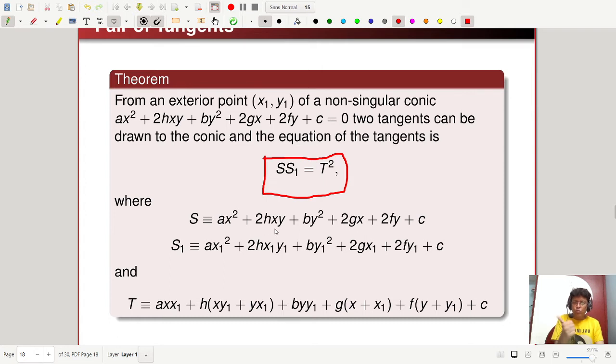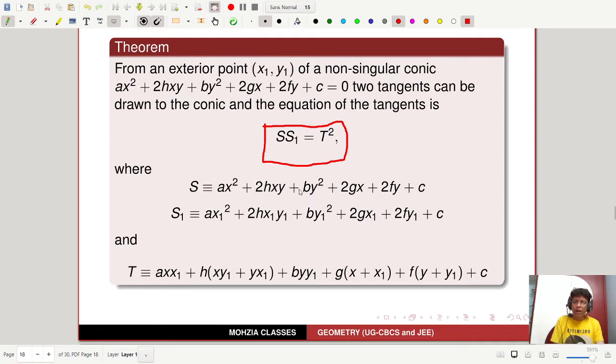Ax squared plus 2hxy plus by squared plus 2gx plus 2fy plus c. And S1 is what you get if you substitute the point x1, y1 in the conic, and T is the tangent at x1, y1. That is why I taught you how to write the equation of the tangent directly from the equation of the curve.